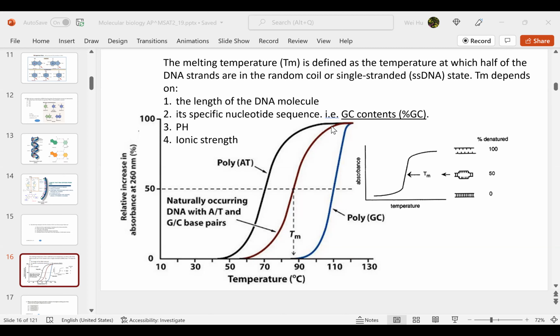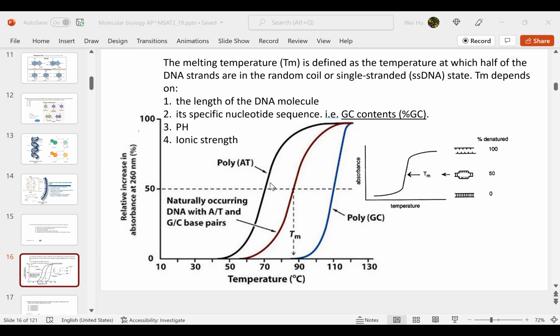Let's assume that you have the same length, the DNA length is the same, but your GC contents are different. Say here you have a lot of GC bonds. If you want to separate half of them, you need a high temperature, say 110 degrees.